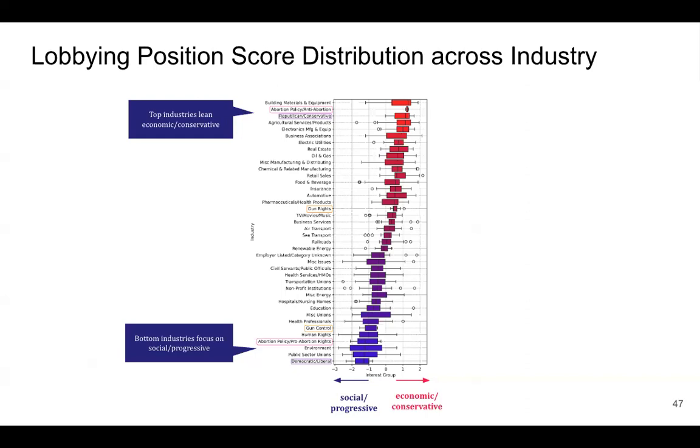What this means is that within the entire data set, they tend to support the really conservative policies or bills and then oppose the liberal policies. And then you can see at the very bottom here, the abortion advocacy groups are sort of on the other side.